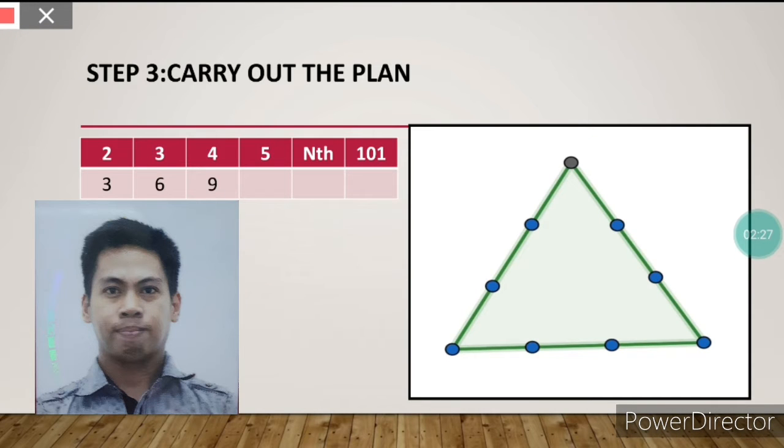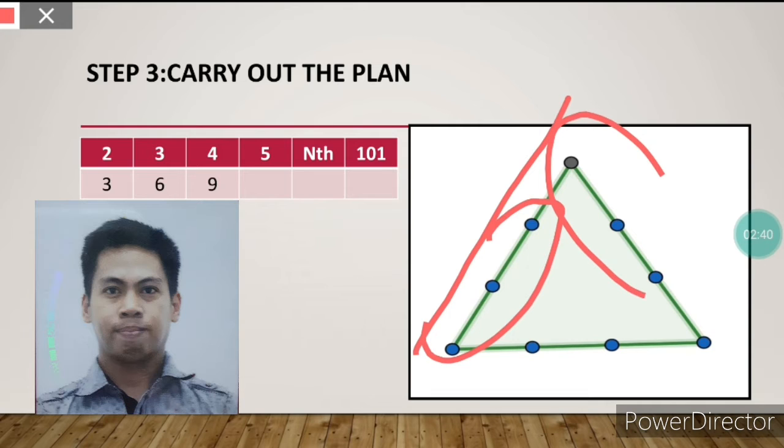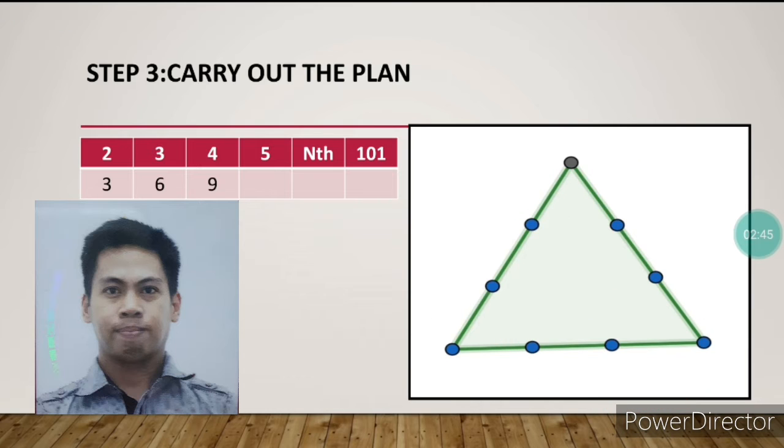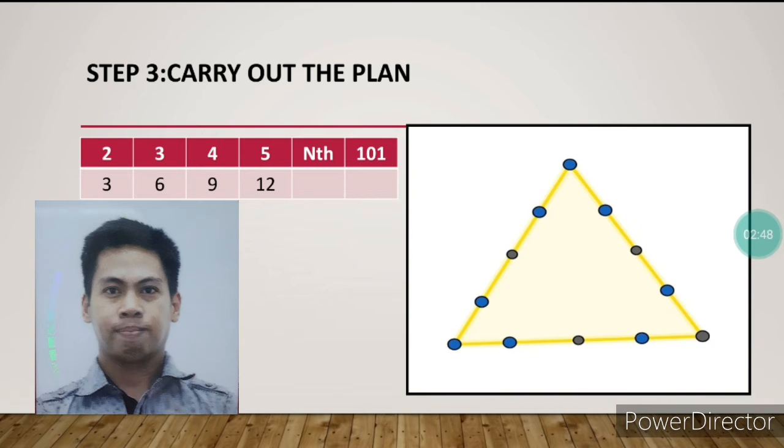If it is equal to 4, then the total is equal to 9. If it is equal to 5, then the total number of dots is equal to 12.